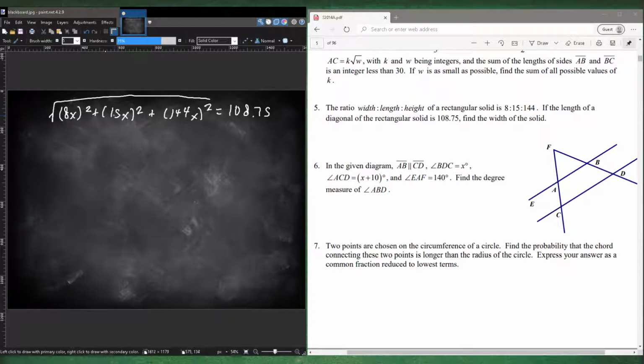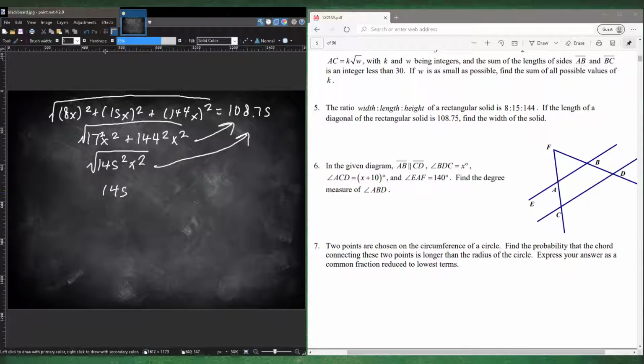So 8 squared plus 15 squared, that's 17 squared. So 17x squared plus 144x squared, square root equals that. And this is also another Pythagorean triple, the 17, 144, 145. So 145 squared x squared square root is 145x, which is equal to 108.75.